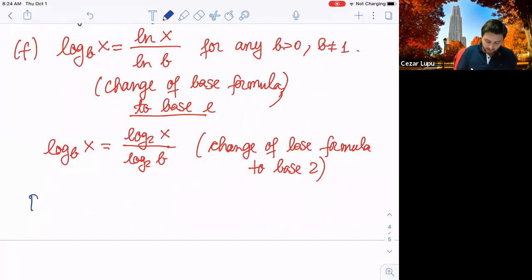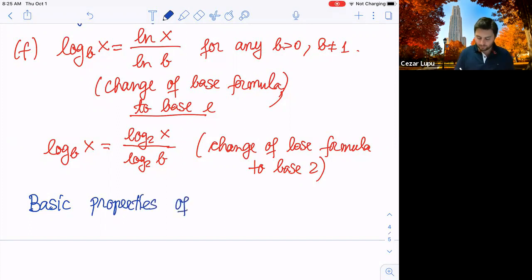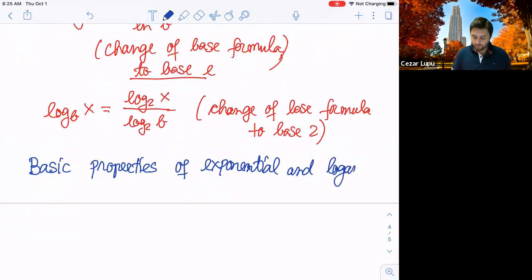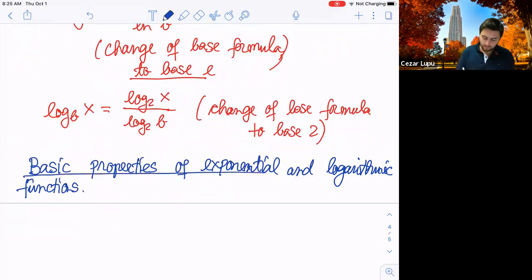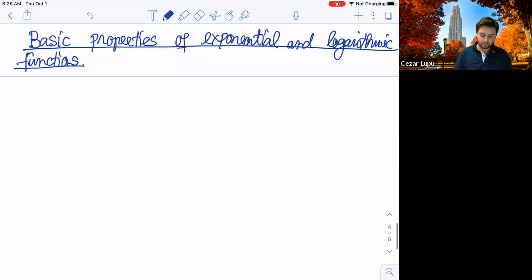Let's call this basic properties of exponential and logarithmic functions. Okay, let's draw a chart here.